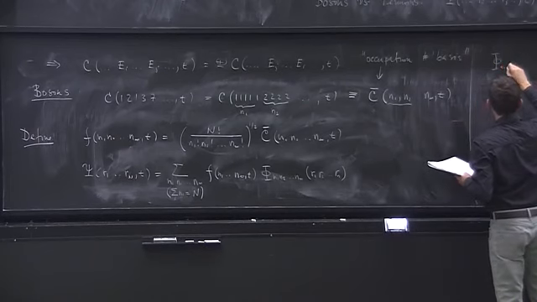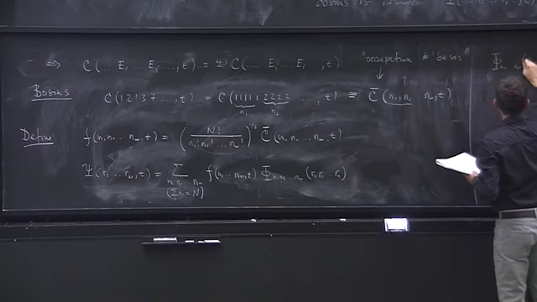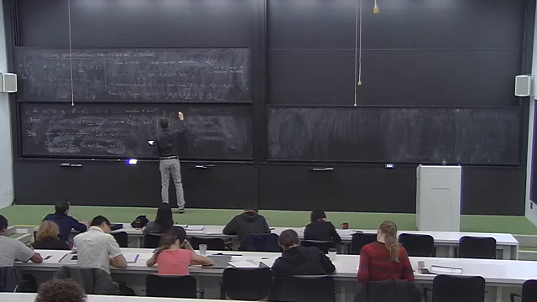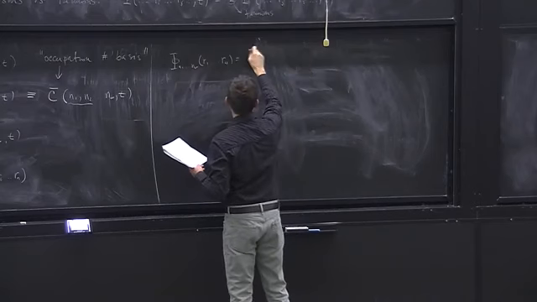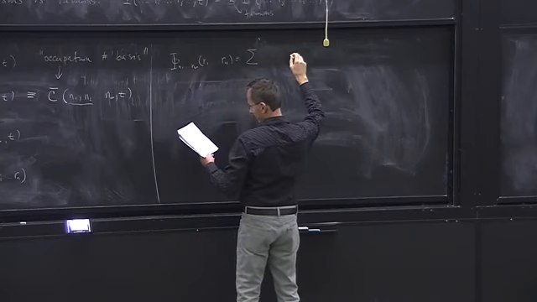phi n1 to n infinity (r1, ..., rn). It's a so-called totally symmetrized wave function.